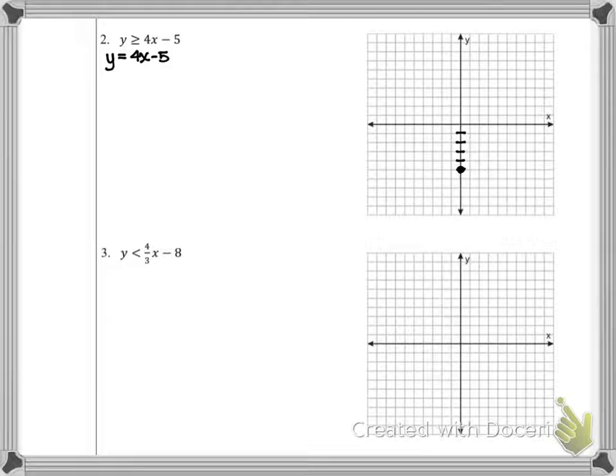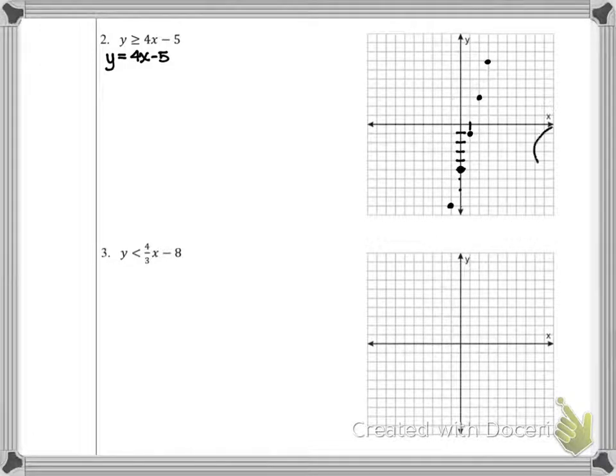So I'm going to go up 4, and then I'm going to go right 1. So 1, 2, 3, 4, 1. And then I'm going to do it a couple more times. And I do like to have a decent amount of points on my graph, personally.